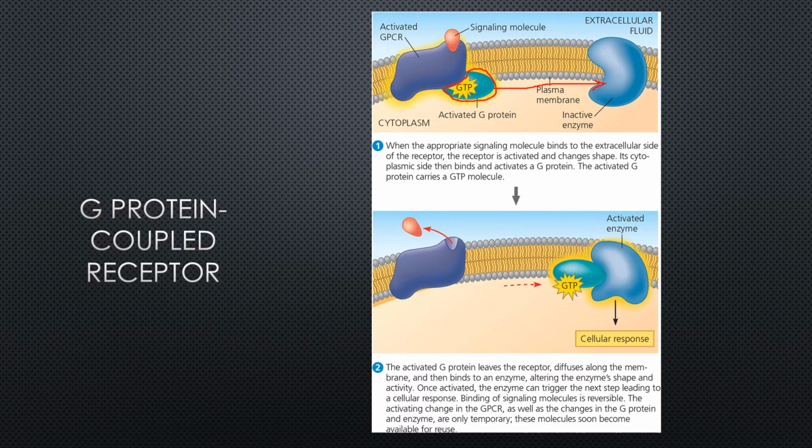Once that G protein is bound to this next enzyme, because of the GTP, this enzyme becomes activated, usually by using up the GTP on the G protein. Once that enzyme is activated, there is a series of cellular responses, some transduction of that pathway. But it starts here at the G protein coupled receptor.